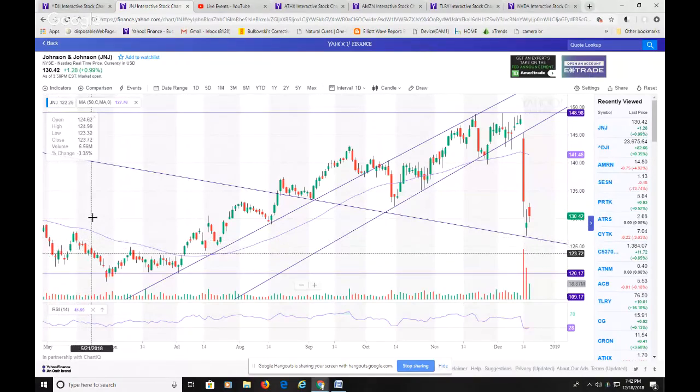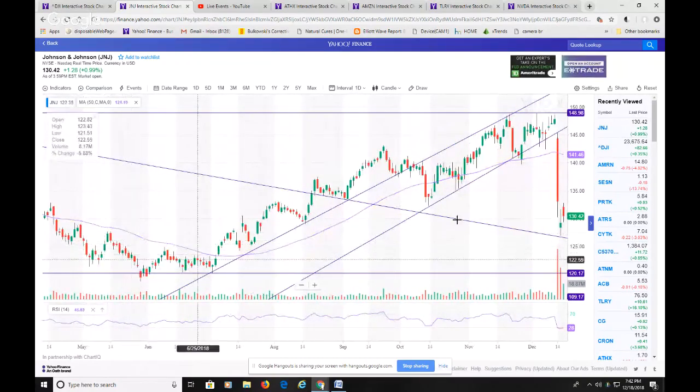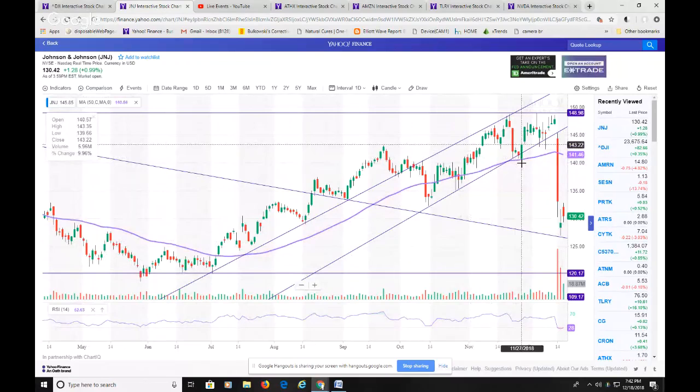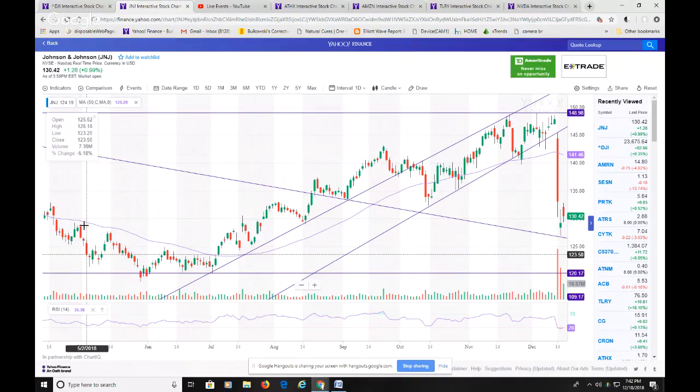So I found a bearish engulfing. The other engulfing was a bullish engulfing, right? This one, because it was a big green candle engulfing a red one. This engulfing over here on the 30th of April is a bearish engulfing. It's obvious that it engulfs the candle to the left of it.